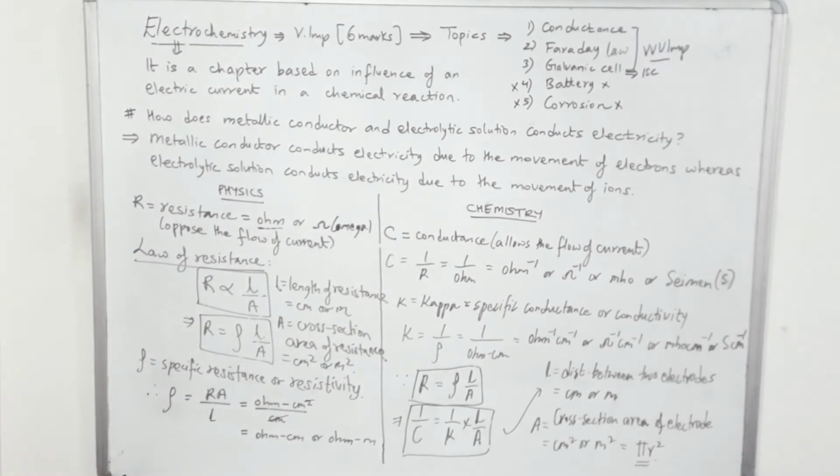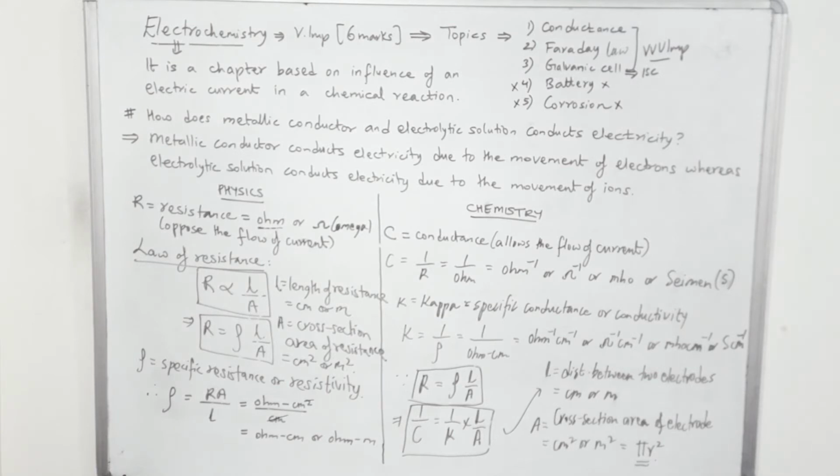So far what we have done is that we came to know the important topics under electrochemistry and what this chapter is all about. Then I taught you the meaning of metallic conductor, how they conduct electricity, and how the electrolytic solution conducts electricity. Then we went to physics for a while to know the character of resistance, and after that the character of conductance.